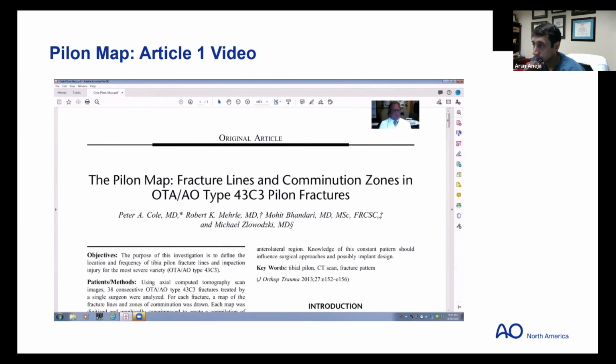But I'm actually talking about something that gets back to the Pilon map, to the fracture pattern, to the amount of comminution and impaction. If you could plug all those variables into an equation, I think you'd have a pretty good idea of how a patient can do if you accomplish your surgical goals.